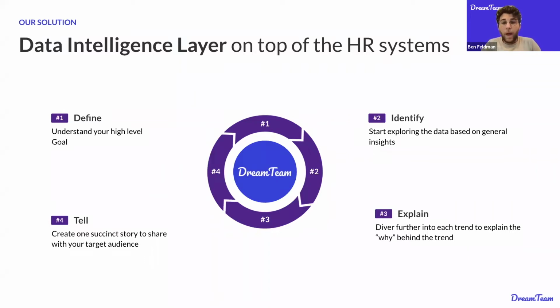This is often where most people get stuck because they don't know where to start, right? We often get questions on the lines of, what should I look at? What are other companies looking at? And what do you recommend? And we can argue that that's not actually the right way to phrase the question. The question is, what should my team be looking at?